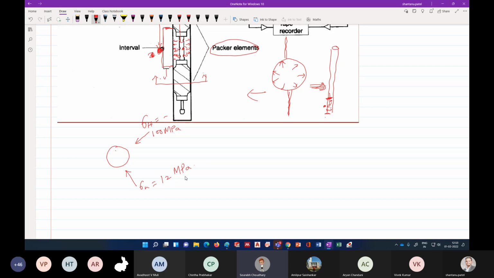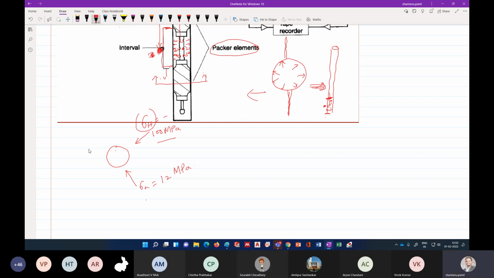Like you have some in situ stress, sigma capital H is 100 MPa and sigma small h is 12 MPa.